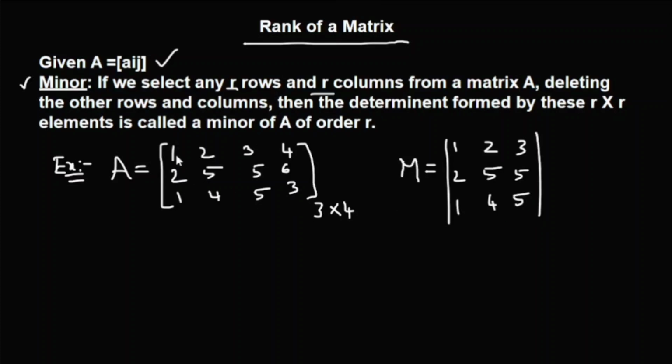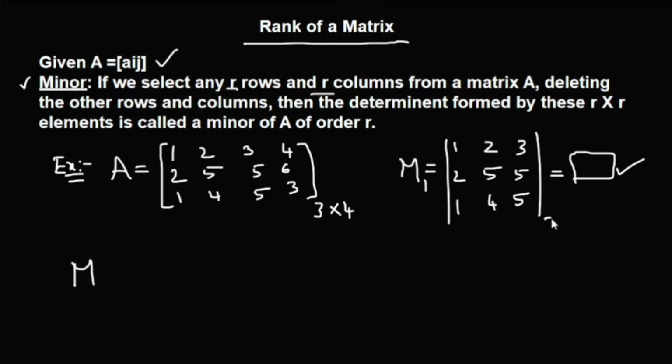The determinant of the first 3 rows and first 3 columns means this column should be eliminated. So this is a minor. You are going to get some value for this. This value is called a minor of A. The determinant is called a minor of A.